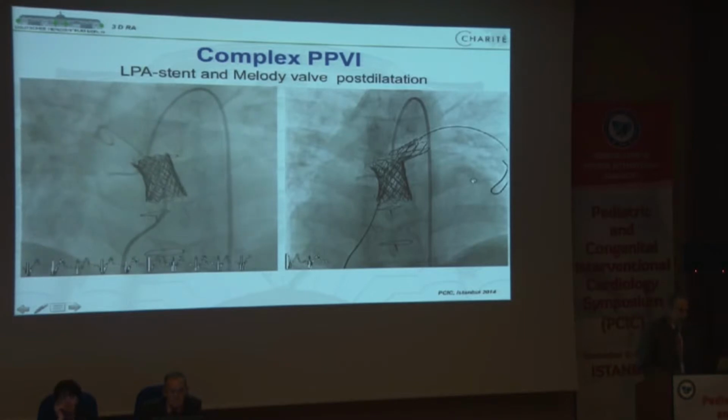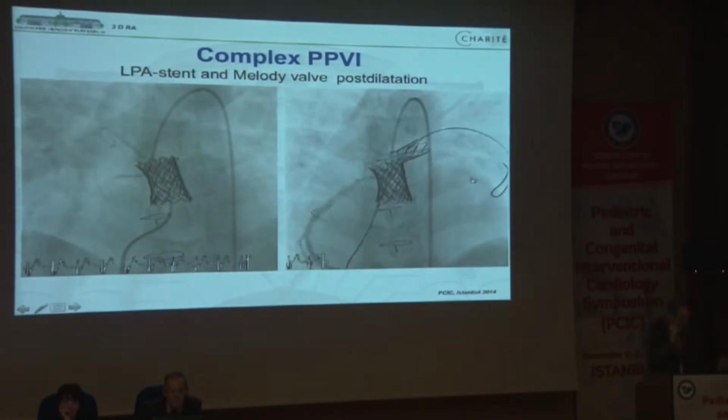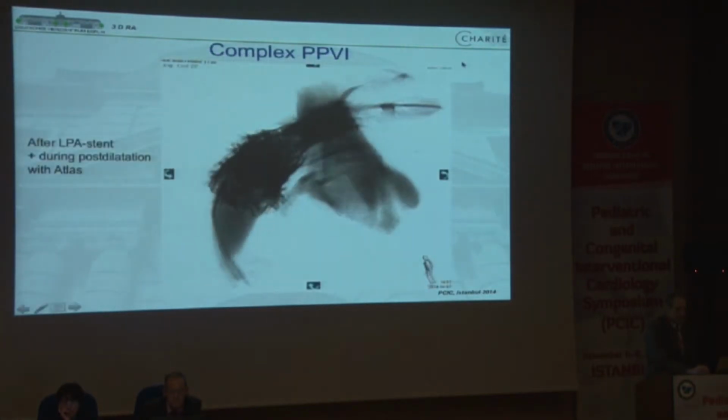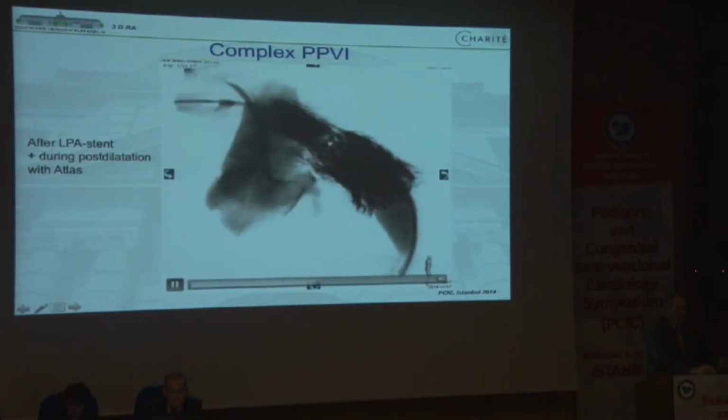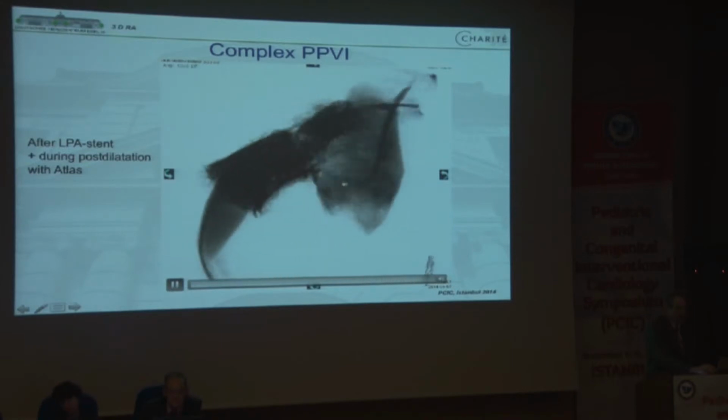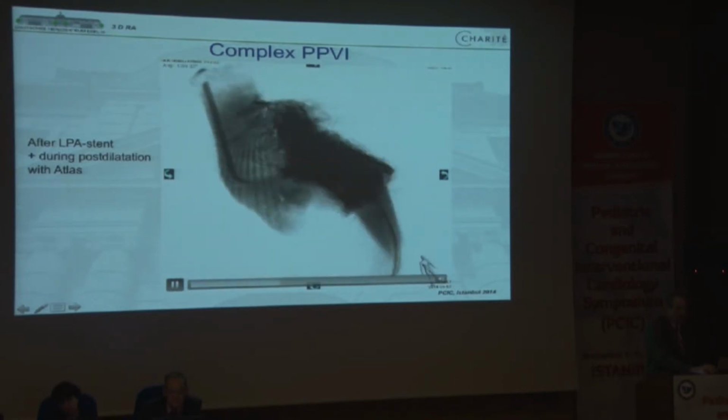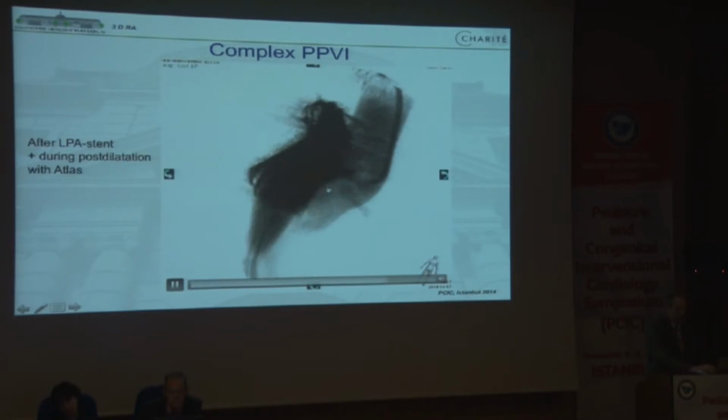Here is another example, a complex pulmonary valve implantation with regard to the origin of the coronary, with regard to the implanted PA stent. Here you can see what is necessary to do, and this is the entrance to the coronary artery.